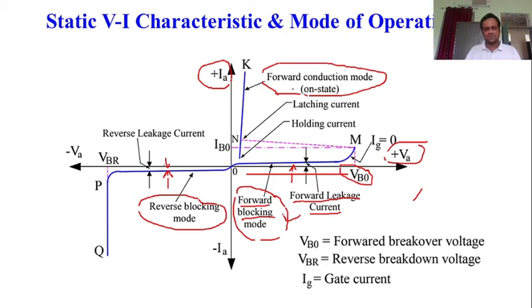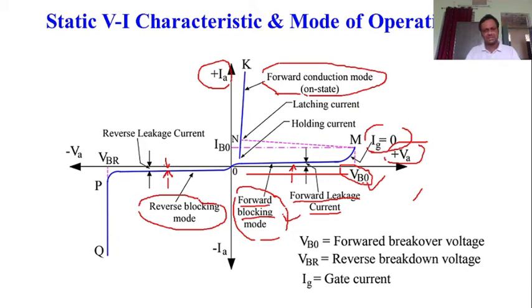The next operating mode is the forward conduction mode. This happens when we have the possibility to achieve the forward breakover voltage, or we are applying a gate current. Let us consider the condition when Ig is 0, gate current is 0, but somehow we achieve the forward breakover voltage.